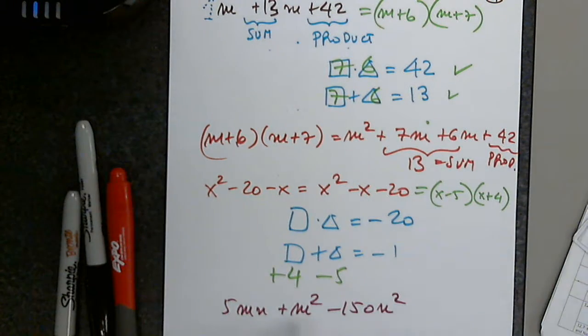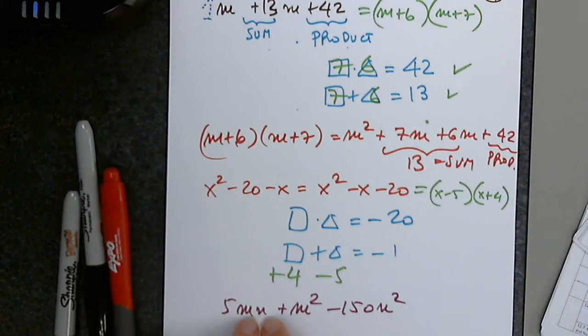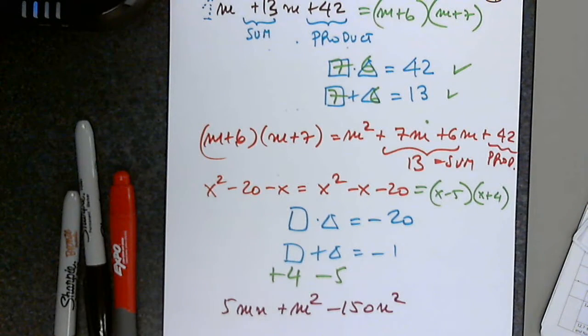So this is my M and this is my N. Normally we arrange polynomials in alphabetical order, although X, Y, Z, W is what we use for the last letters. Here we normally use M, N. If I have M and N, I use M first, N second.